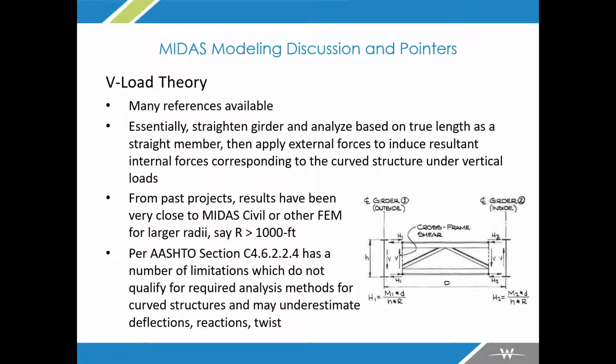You're essentially taking that girder and straightening it from its curvature to a straight girder of equivalent length along the arc. You really need pretty large radii, maybe 1,000-foot or larger, to make that more accurate. And then there are a number of limitations there, again in the NCHRP 424, on deflections, reactions, twists, that kind of thing.